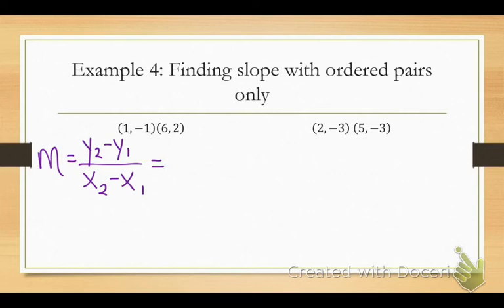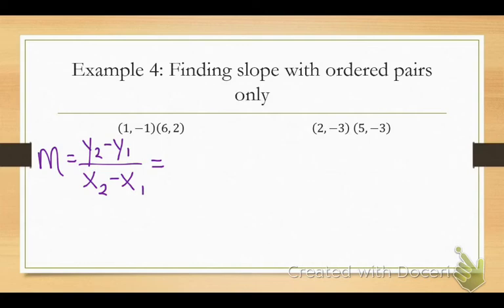Okay, M equals. But these labels, like y2, what does y2 mean? Well, you need to understand the sequence of your ordered pair. So we're going to write the sequence down. I just want you to write it up next to example 4.